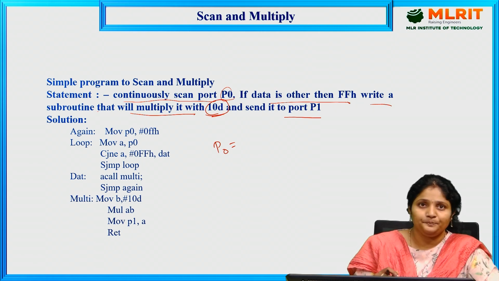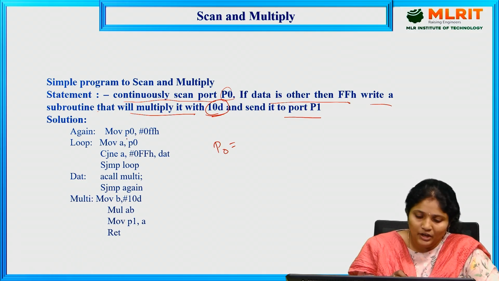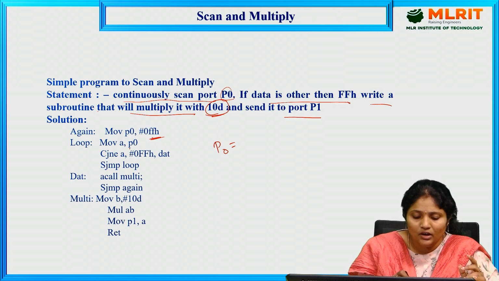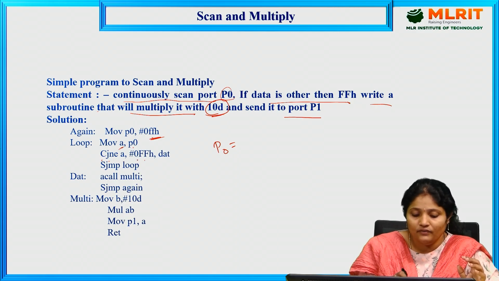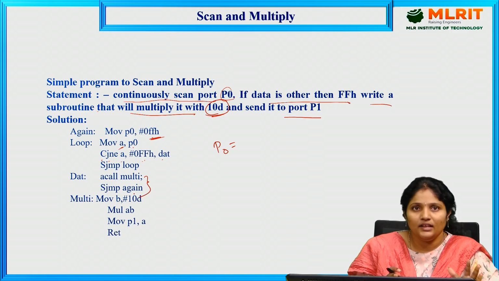Alright, okay, see. First of all, I am just making P0 FFH. So if it is FFH, then no problem. Now I'm moving the data in P0 to the A register. Then I need to do compare and jump if not equal: I need to compare the data present in A with 0FF. If they are not equal, it will go to the loop where we need to multiply.